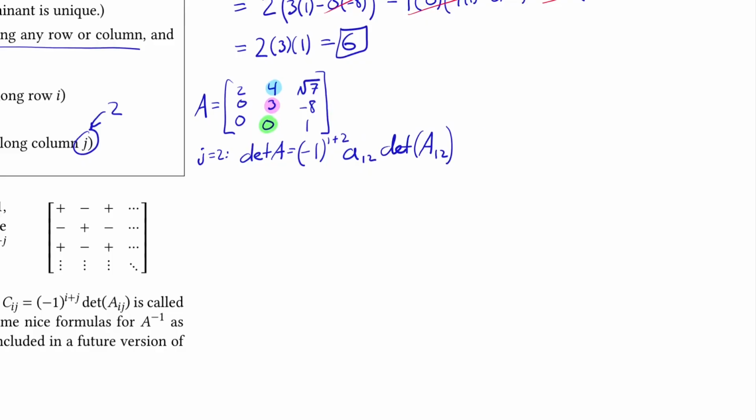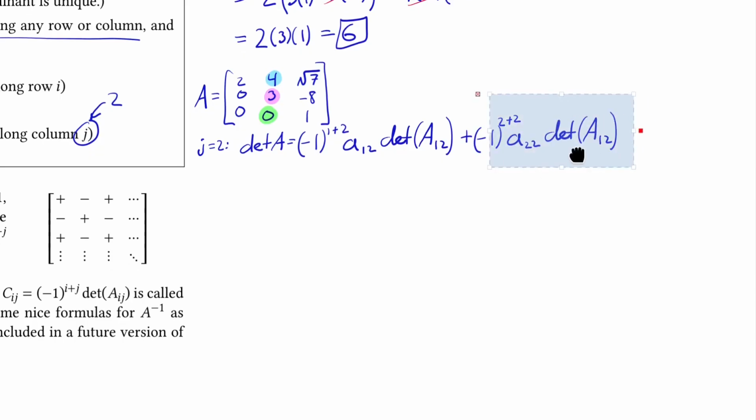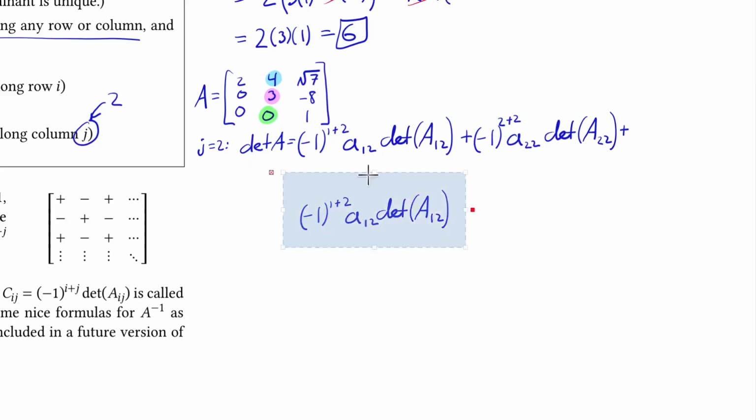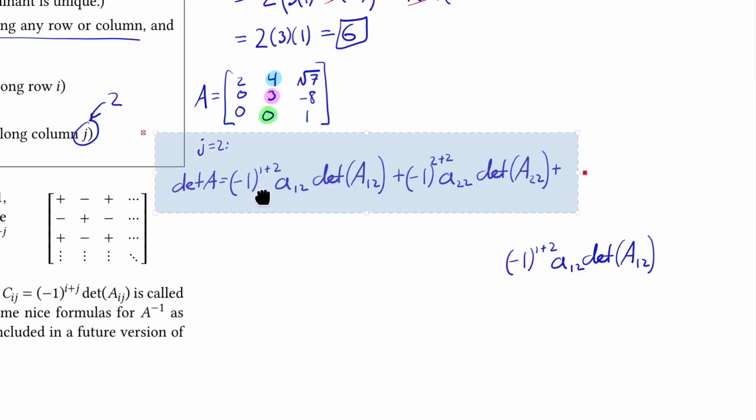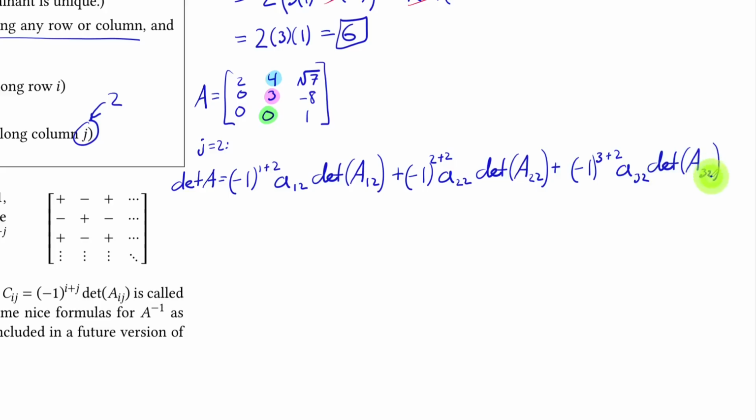Then that plus the same thing, but now the K is 2. And so we're going all the way up from K equals 1 up to K equals 3. And that thing that's changing here always represents the row number.